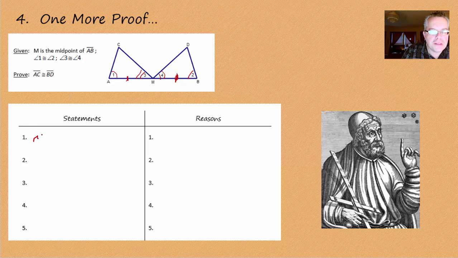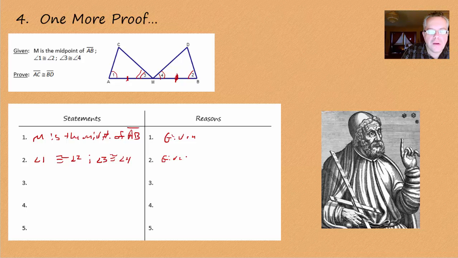So the first step is M is the midpoint of AB. Why? Given. Best reason ever. And then we have two others. Angle 1 is congruent to angle 2. And angle 3 is congruent to angle 4. That's given. Now, I've stated two of the congruences right there.